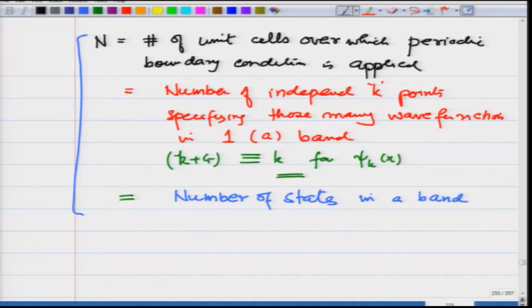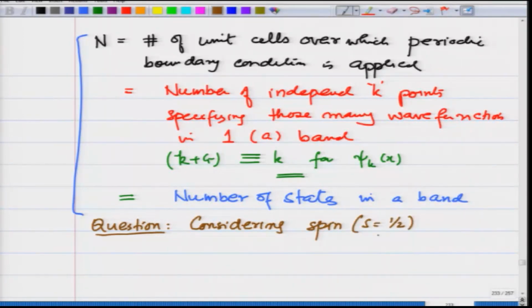So, once we have N number of states in a band, a question arises, and let me write this question now. This is important to now understand the properties of metals, semiconductors, insulators from band theory point of view. The question that arises is, considering spin, and what is the spin?